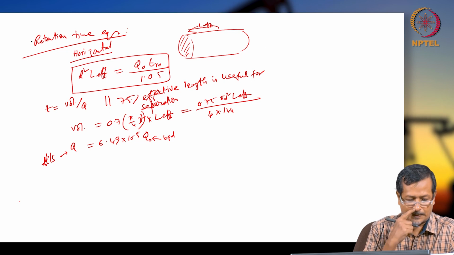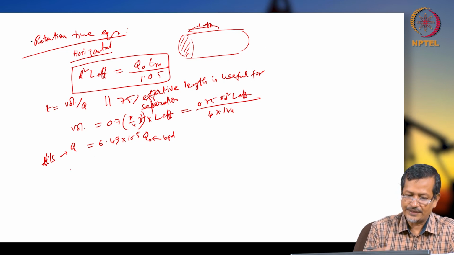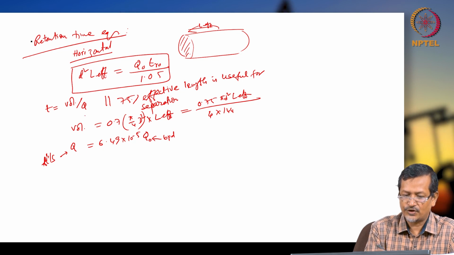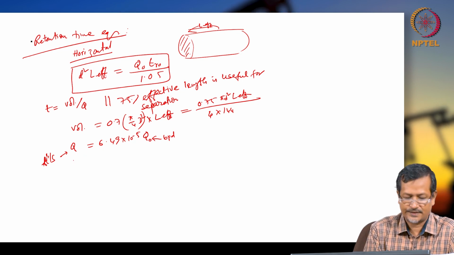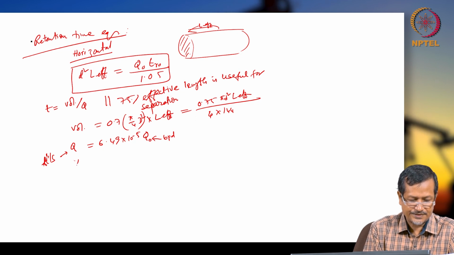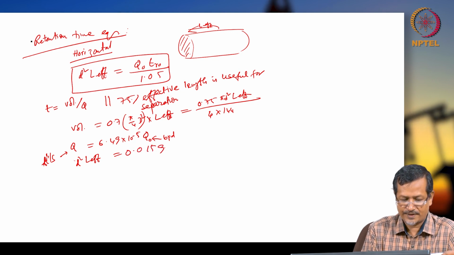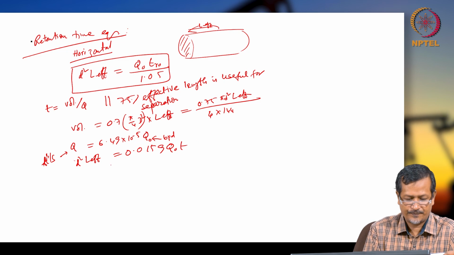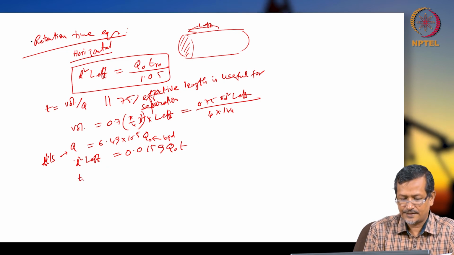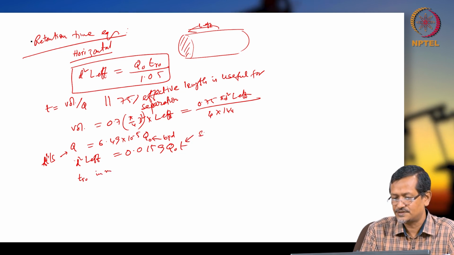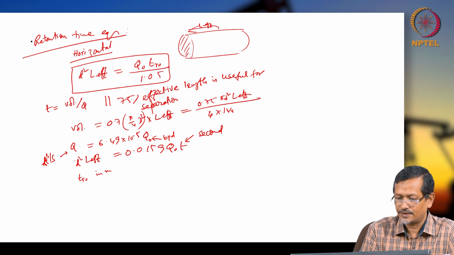Okay, so if we equate volume divided by flow rate, it will come like this: d square L effective length equals 0.0159 QO T, and TRO is in minutes, while this T is in seconds.